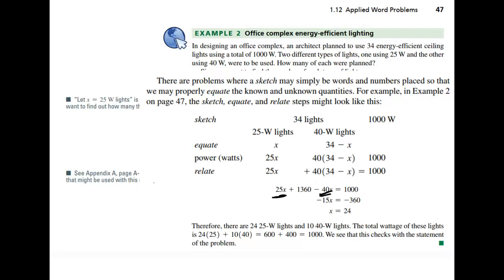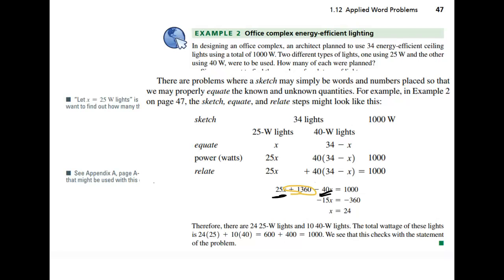Those are like terms. And that's going to give us that negative 15X. And then they have done this in one step, move this plus 1360 by subtracting that on both sides. So if I take 1,000 and subtract 1360, that gives me this negative 360.